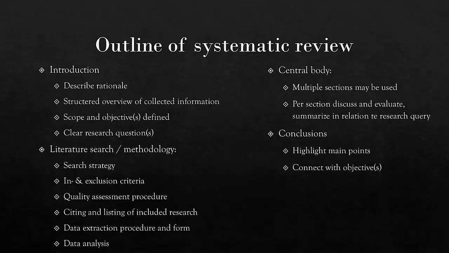The citing and listing of all the included research is done in a nice overview in a table. The procedure for data extraction from the included research articles is also well defined, and the data analysis itself is also nicely reported. In the case of a meta-analysis, this part is more extensive than in a typical classical systematic review.